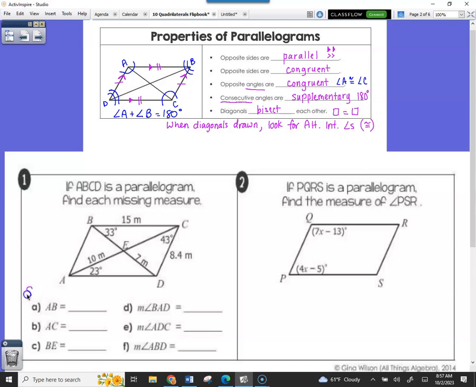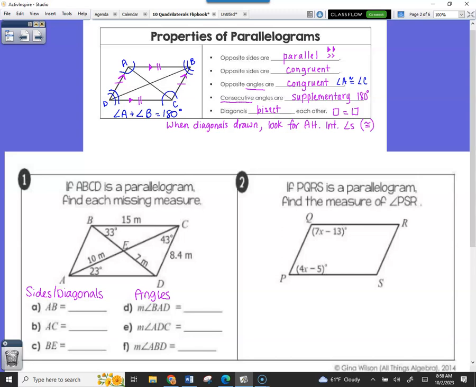So this is your indication that ABC is talking about sides or segments, sides or diagonals, either one, and DEF is angles. So that's the first big difference between the two.